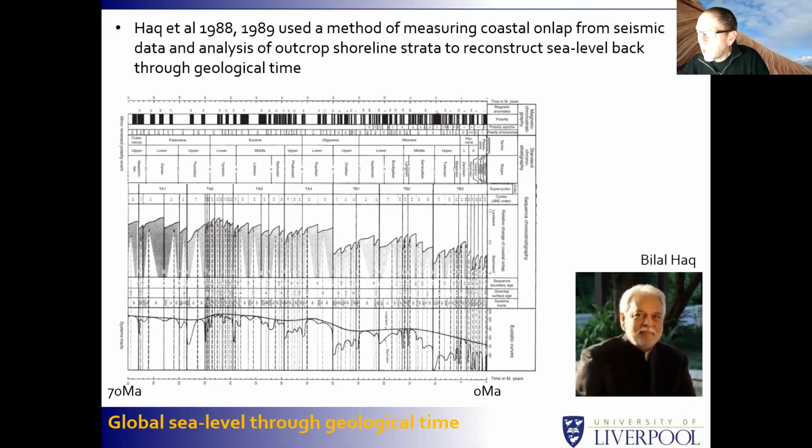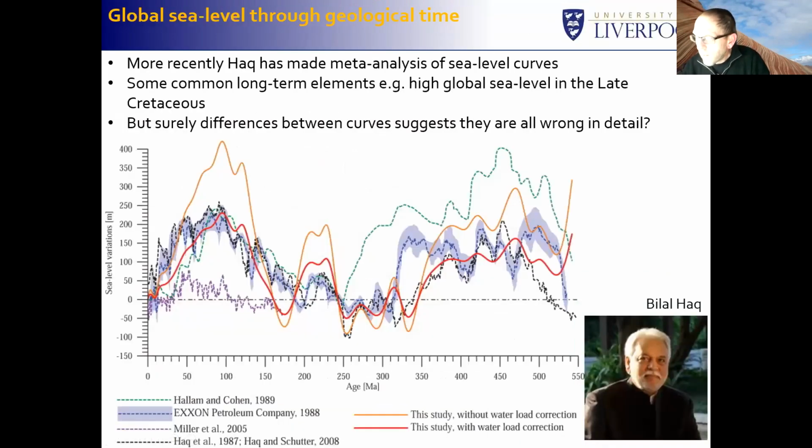Here are some other variations on that same process, using slightly different but related methods: lots of onlap analysis, some oxygen isotope data, some backstripping, and these are the different sea level curves that people have come up with. Now, the thing that strikes me about those curves is they are all quite a lot different, right?